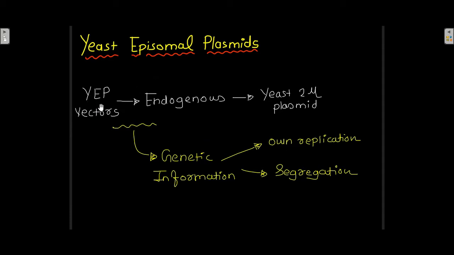These YEP vectors are based on the endogenous yeast 2-mu plasmid, and this plasmid contains the genetic information for its own replication and segregation.